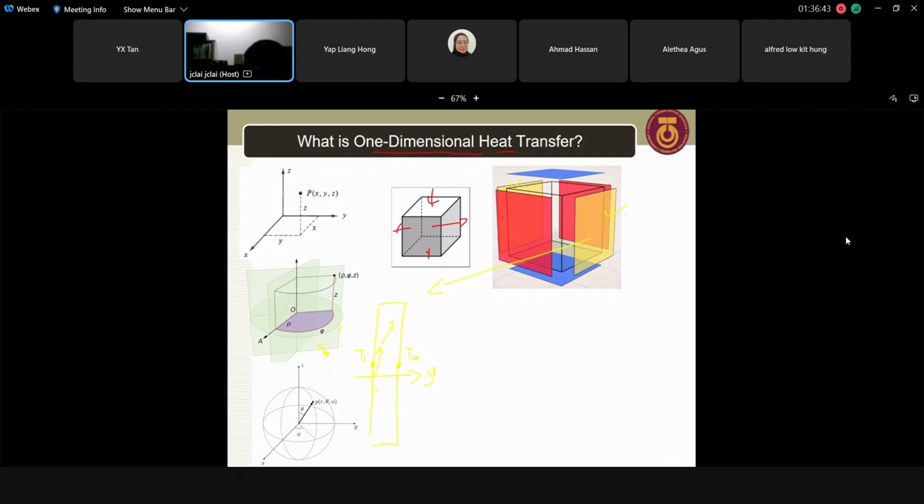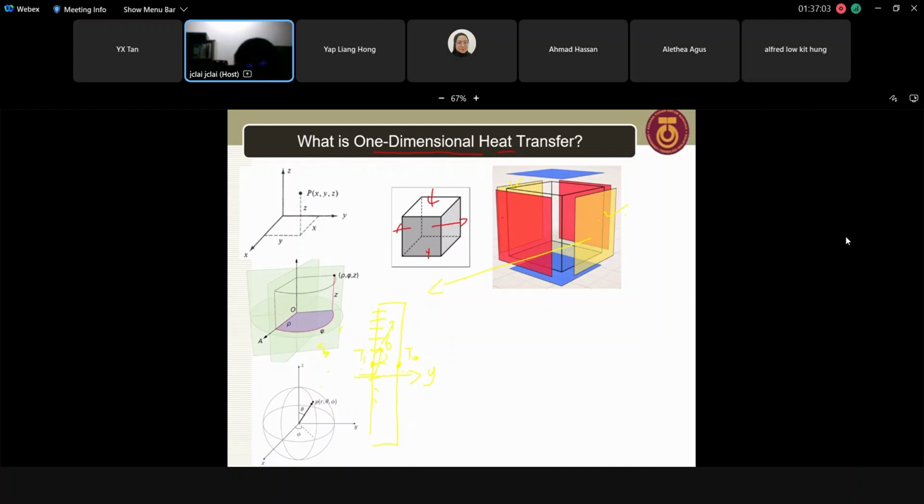We assume heat is only transferred through one direction only, meaning all of it will move like this only, from left to right. But in actual situations, it can move in all directions.